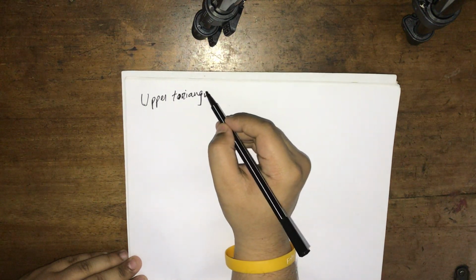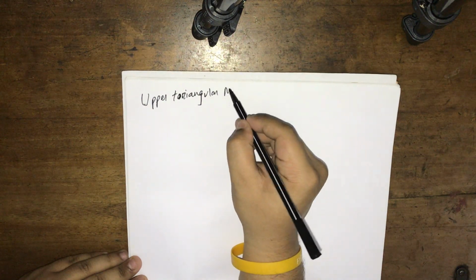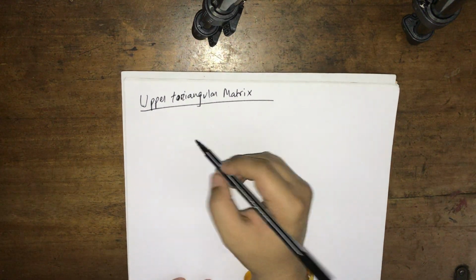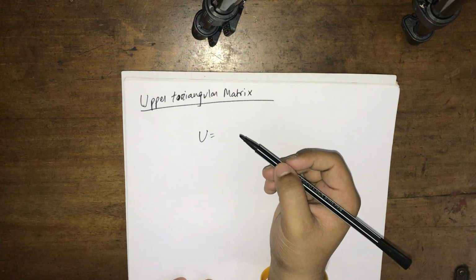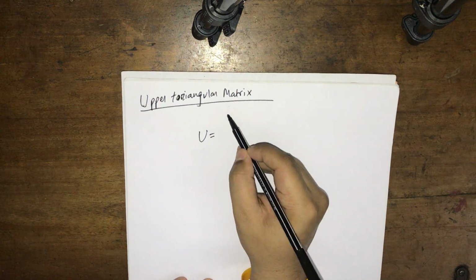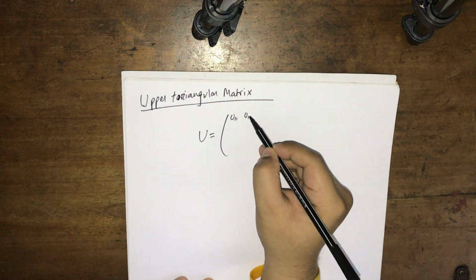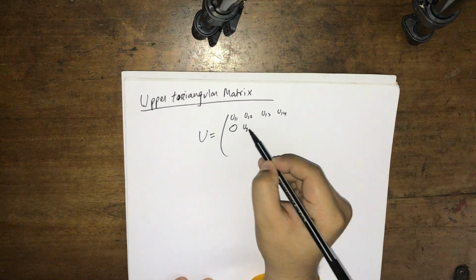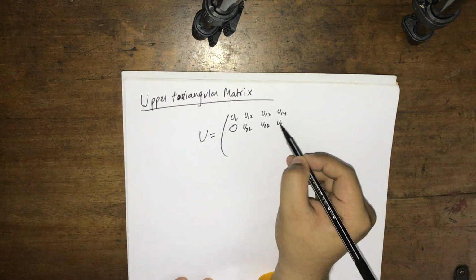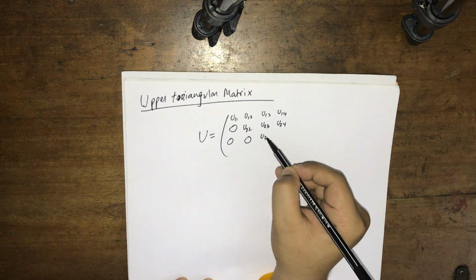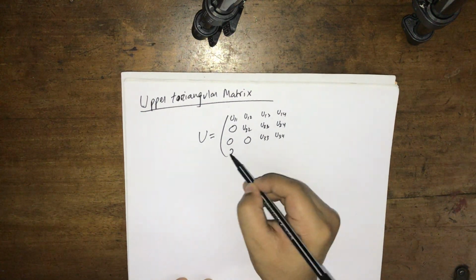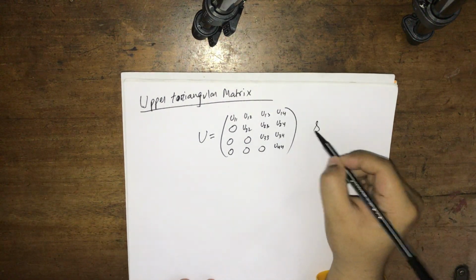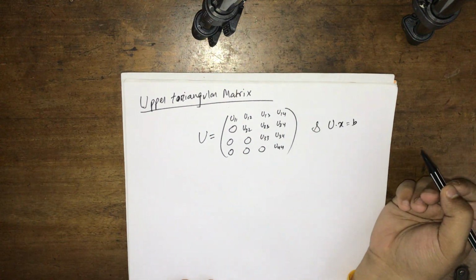We just replace L with U, where U is equal to U11, U12, U13, U14, 0, U22, U23, U24, 0, 0, U33, U34, 0, 0, 0, U44. Alright, and U multiplied with x is equal to b.